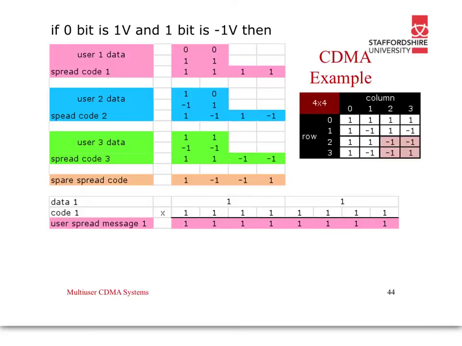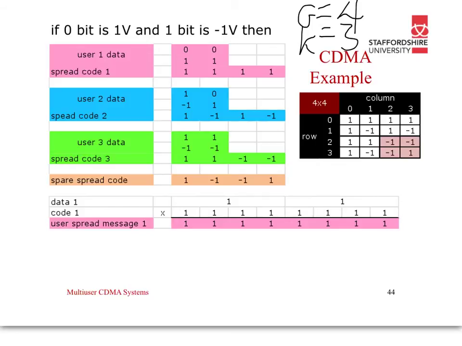So, data from user 1. We're transmitting 1. We have this first data bit, and then we multiply it by the 4 bits. In this case, our G equals 4 and our K equals 3. So we've got K users and a spreading gain of 4.